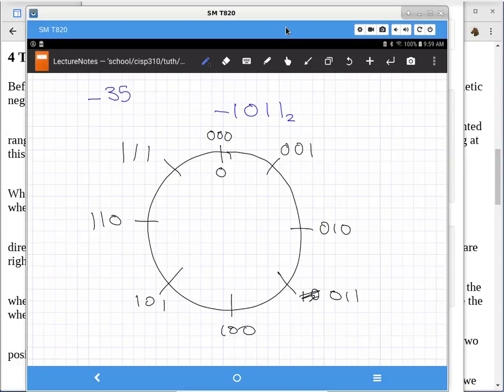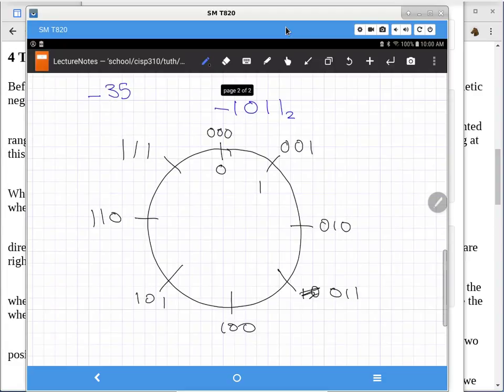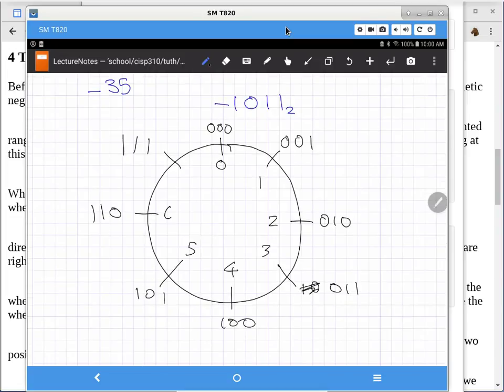So it seems to make sense. The next one is going to be a 1, and then a 2, 3, 4, 5, 6, 7. Okay, there we go. Does that make sense?